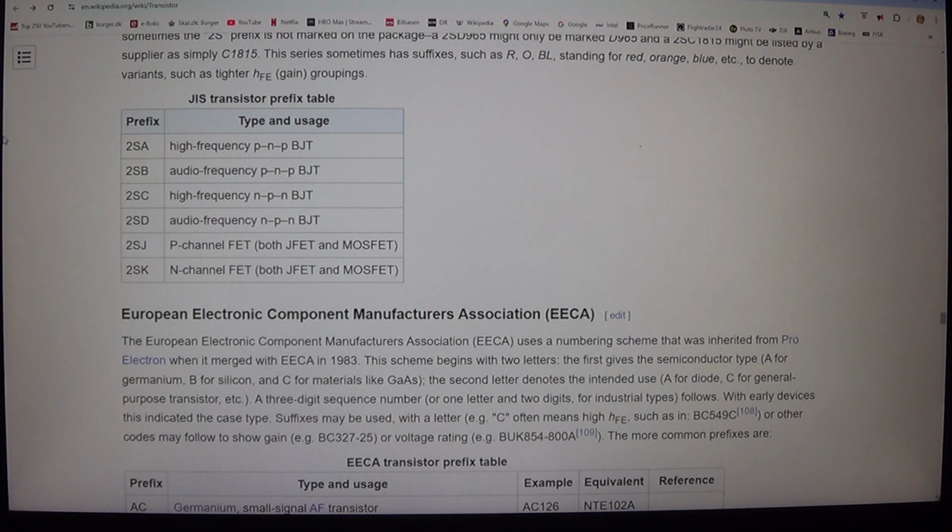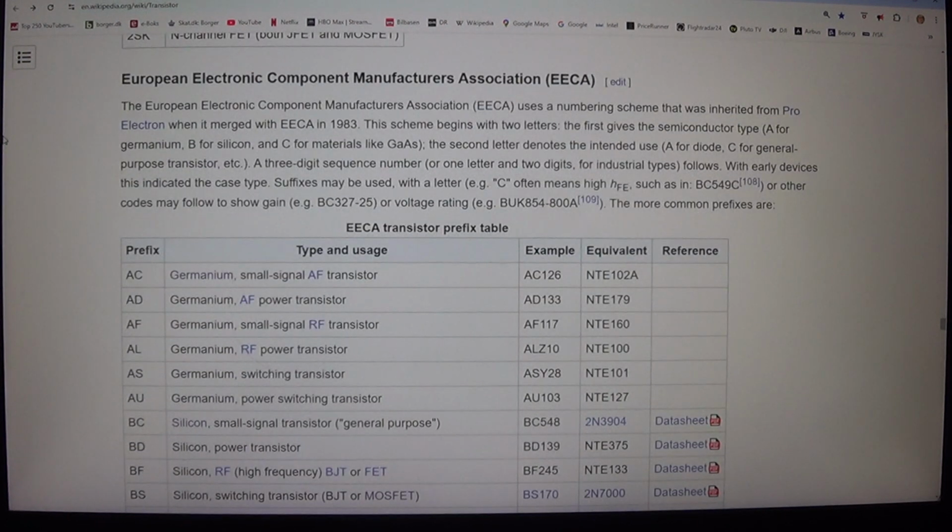European Electronic Component Manufacturers Association, EECA. The European Electronic Component Manufacturers Association, EECA, uses a numbering scheme that was inherited from Pro Electron when it merged with EECA in 1983. This scheme begins with two letters.